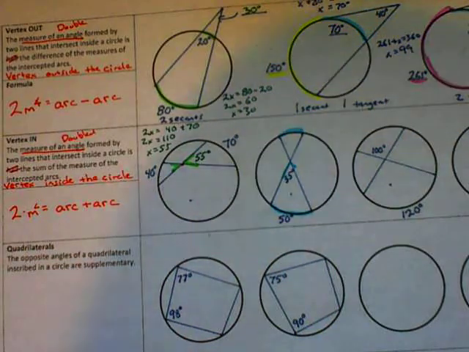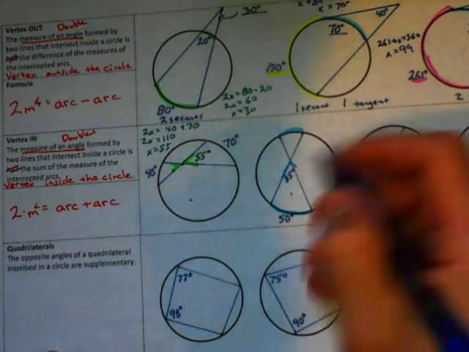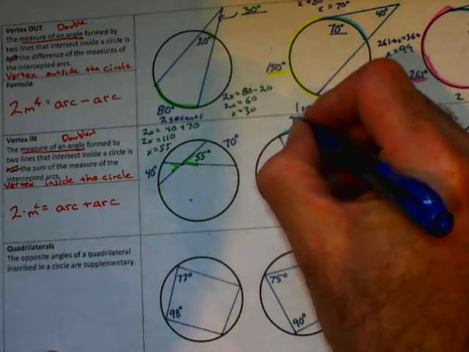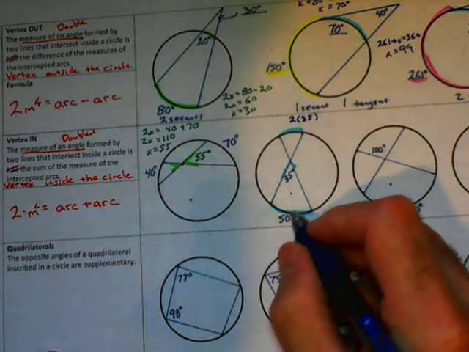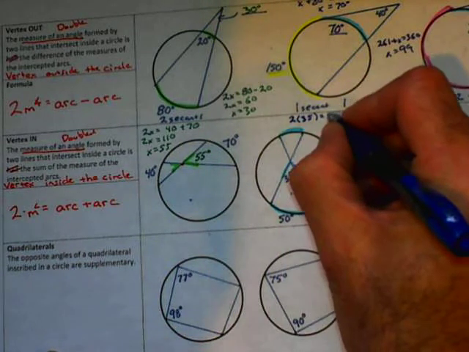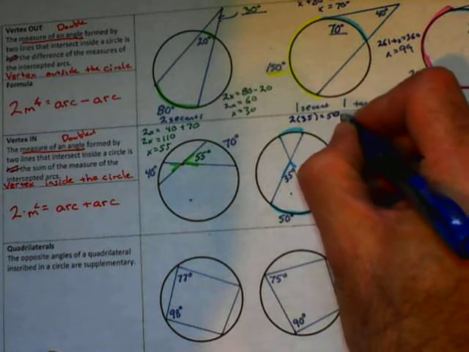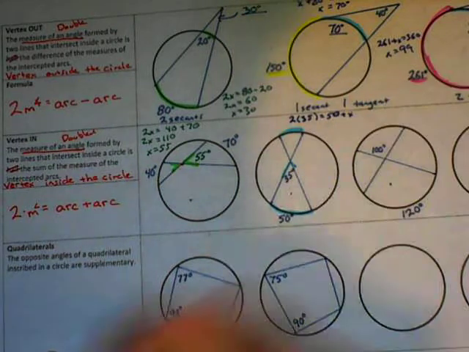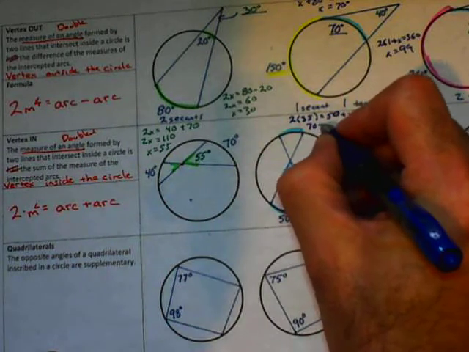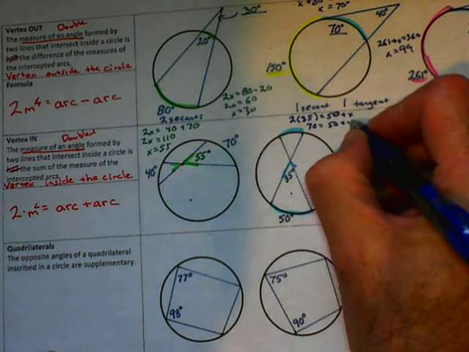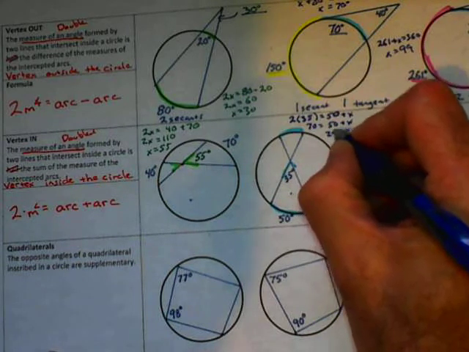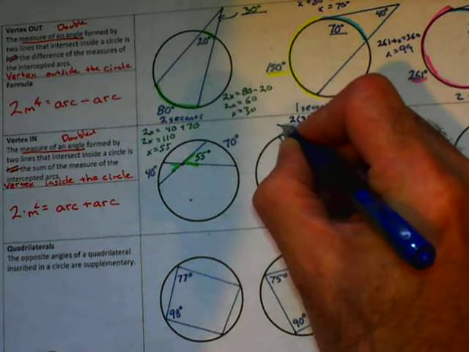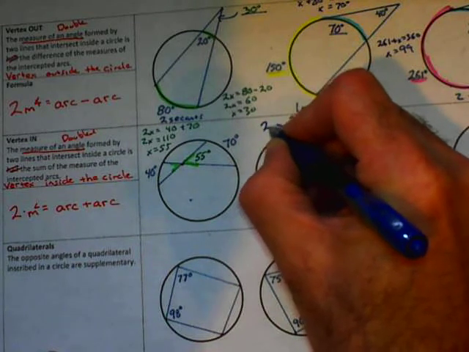So double the angle, 2 times 35 equals the sum of these two, 50 plus x. 70 equals 50 plus x. Subtract 50 from both sides, you get 20. So this arc has to be 20 degrees.